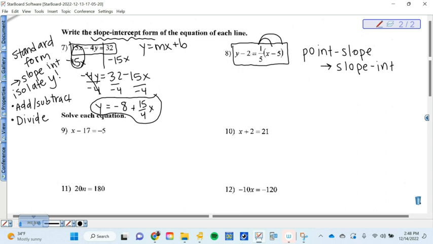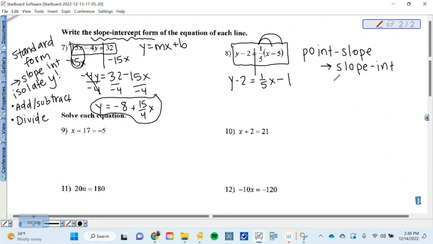So my left side of the equal sign is going to stay the same for now, y minus 2, and that equals 1/5 times x. What's 1/5 times x? Yeah, 1/5 x. And then what's 1/5 times 5? Yeah, 1. So minus 1.